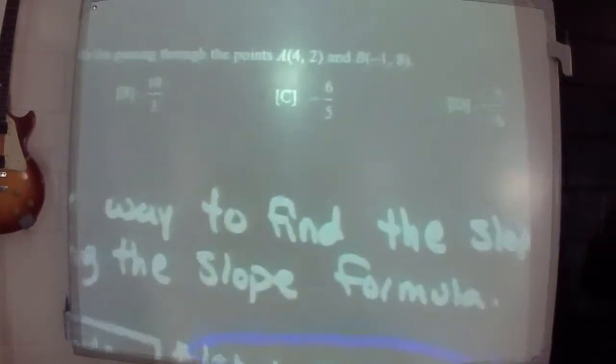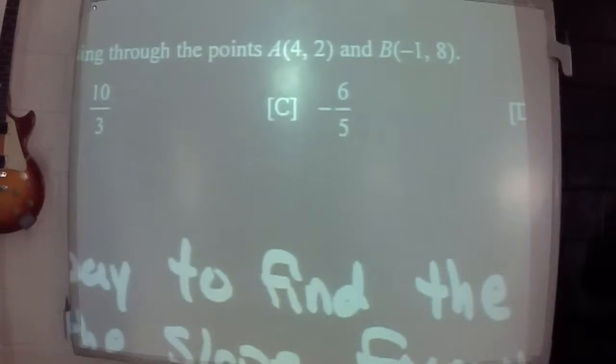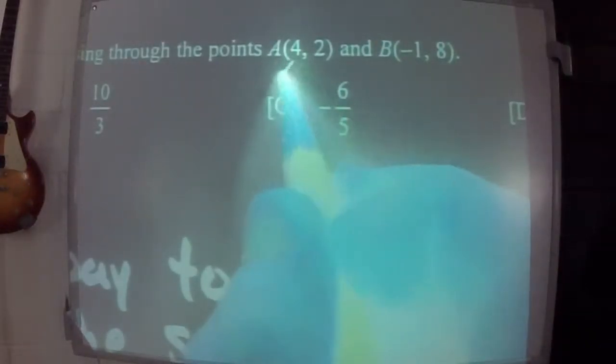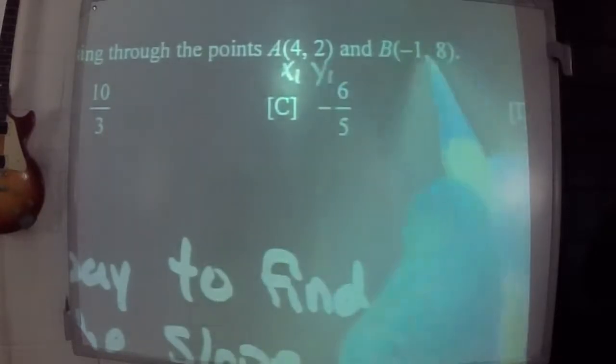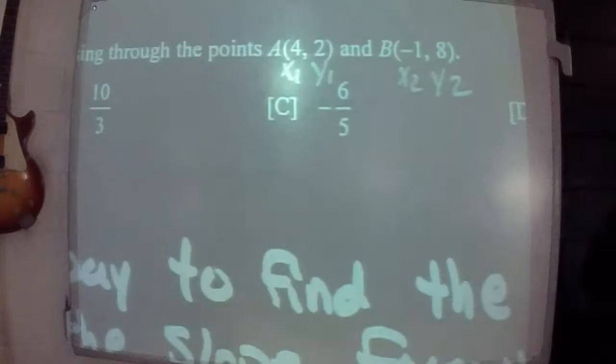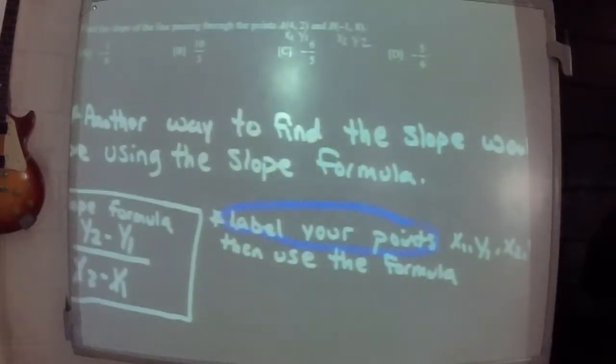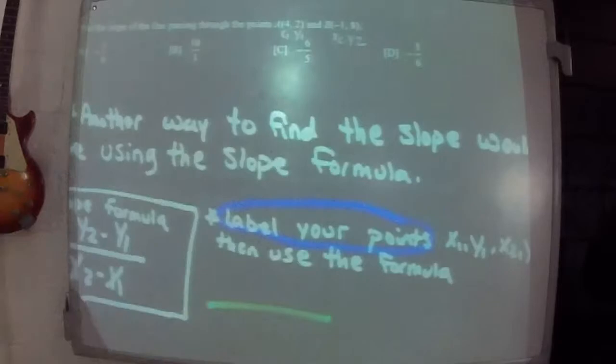4 and 2, what are those? X1 and Y1. And then what's this? X2, Y2. Remember, each point is X, Y. So the first one is X1, Y1, and the second one is X2, Y2. Then let's put our points into the formula. It's Y2 minus Y1.